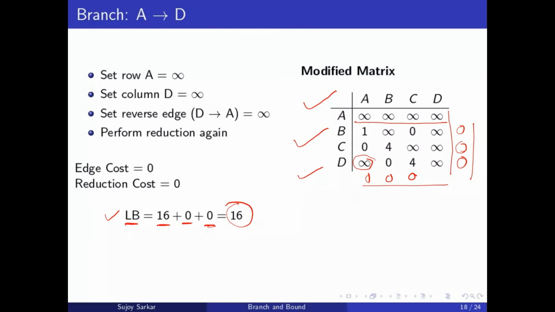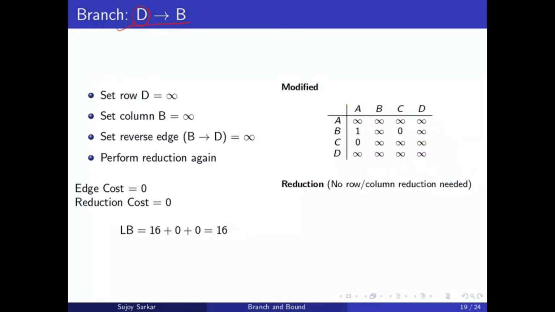And here we have to set D to B, means this row will be set to infinite, B column will be set to infinite, remaining values we will copy. So we can see that D row is set to infinite, B column is set to infinite, and B to D is set to infinite. Remaining values we have copied from the parent matrix.